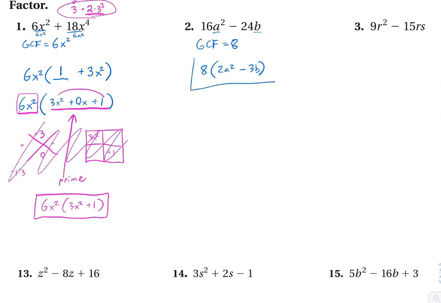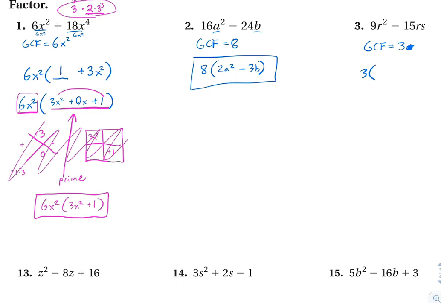Over here, we're going to say, okay, the GCF is, let's see, they both have 3, and they both have an R, and I think that's the most. But if we forget to take something out, after we take out 3, we notice, oh, it still has an R. So let's just say we only notice the 3 at first. So we take out a 3, and we get 3R squared minus 5RS.